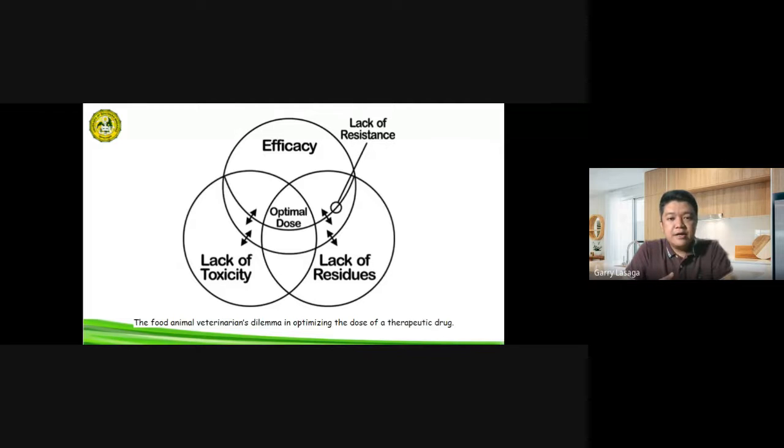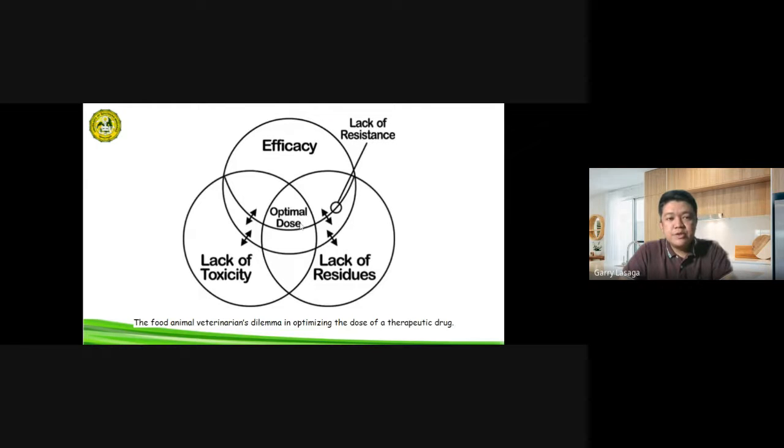So if the risk outweighs the benefit, the treatment would be useless. So the drug that we are going to choose should have a minimum toxic effect and maximum efficacy at an optimal dose.